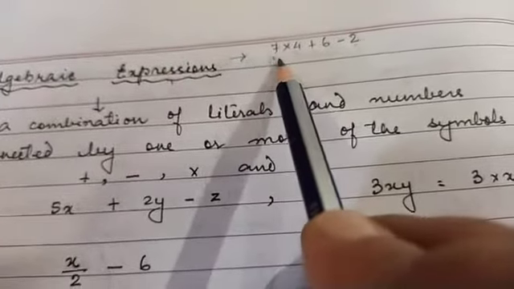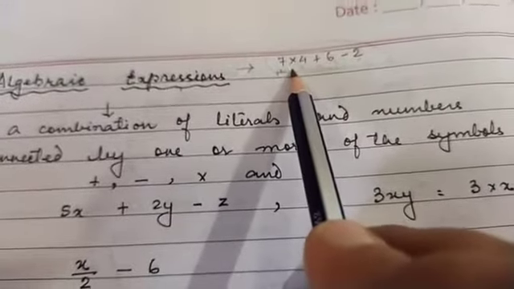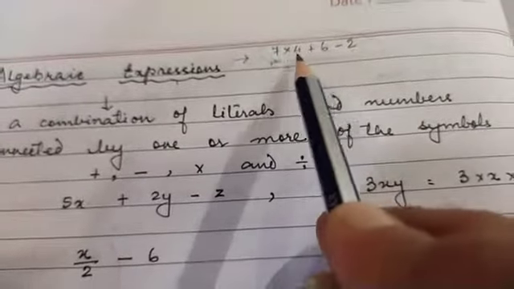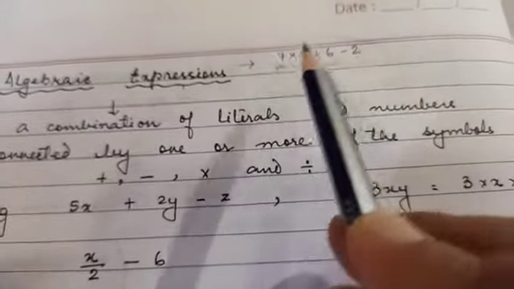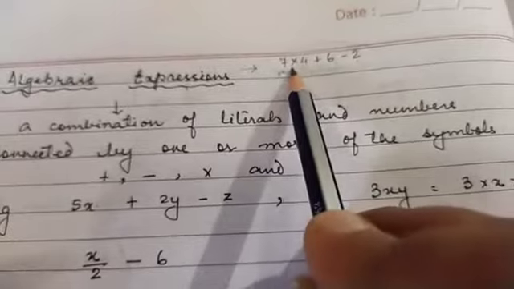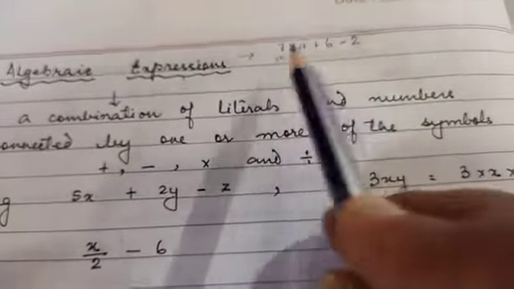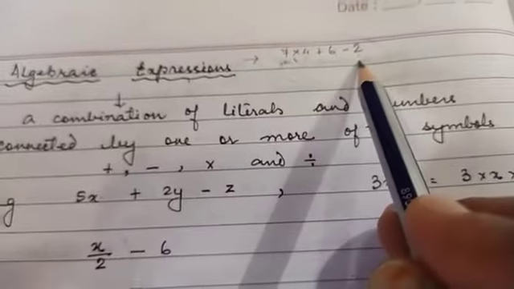Suppose I have these numbers combined with these symbols. Okay, these numbers are connected by these symbols: multiplication sign, addition sign, subtraction sign, and these are constant symbols.